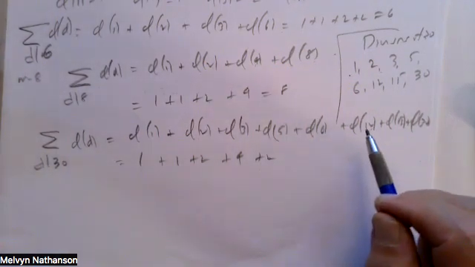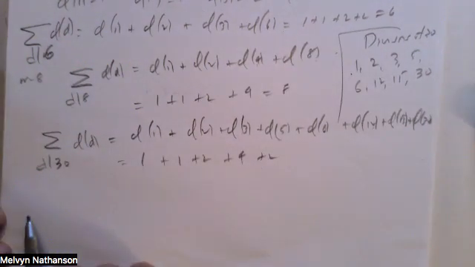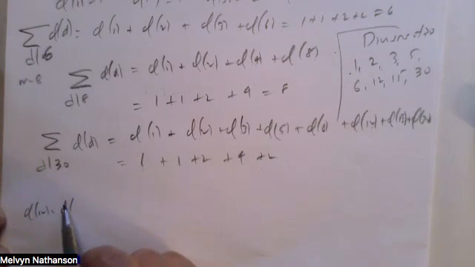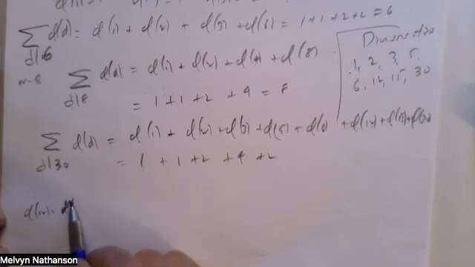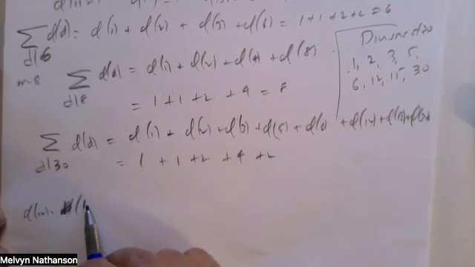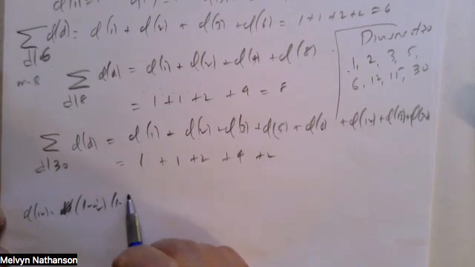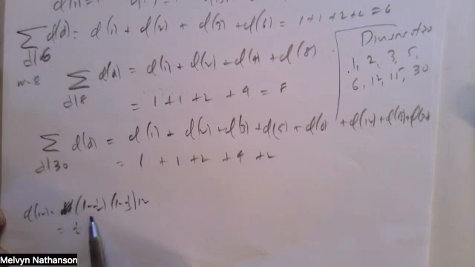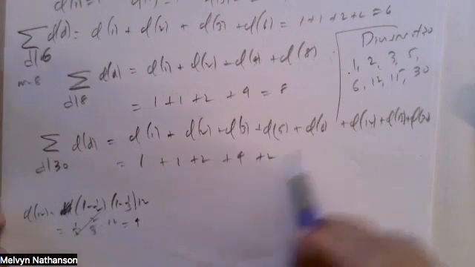What is phi of 12? Let me just do this calculation. The prime divisors of 12 are 2 and 3. So that's a half times 2/3 times 12. That's 4.